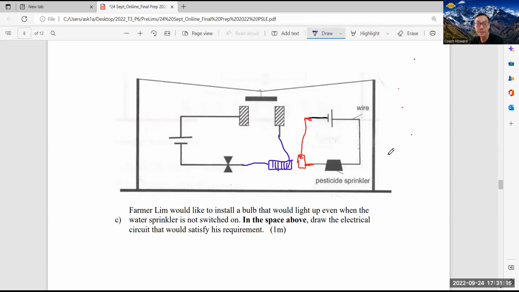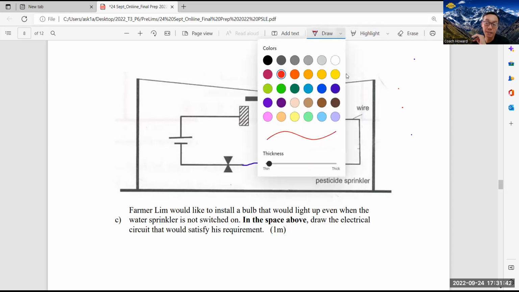So you check. Remember here they say to install a bulb so that it will light up even when the water sprinkler is not switched on. So you must imagine when this thing comes down, they form a closed circuit. So now I want to put a bulb inside, even though this water sprinkler is not spraying. In other words, you need to form a bulb that will light up continuously. So this is a battery source.